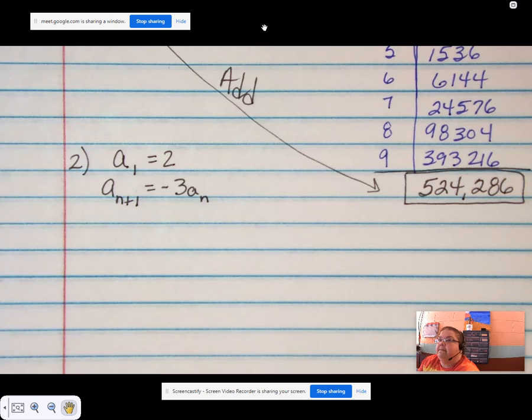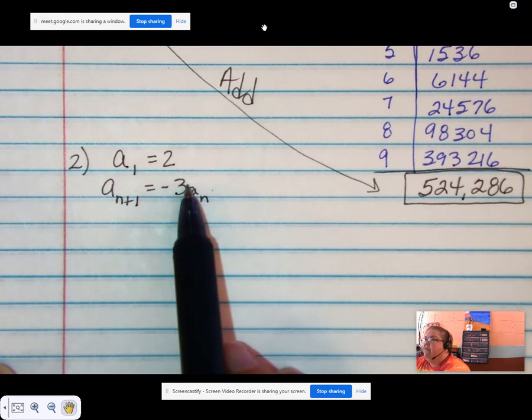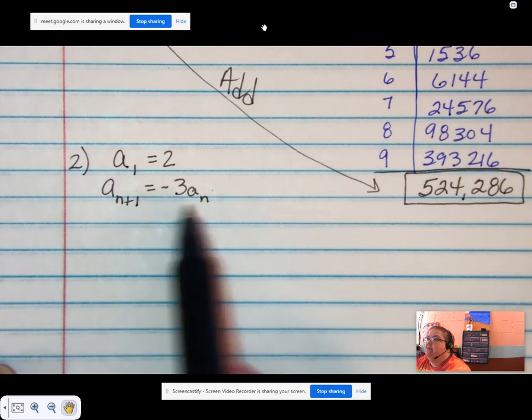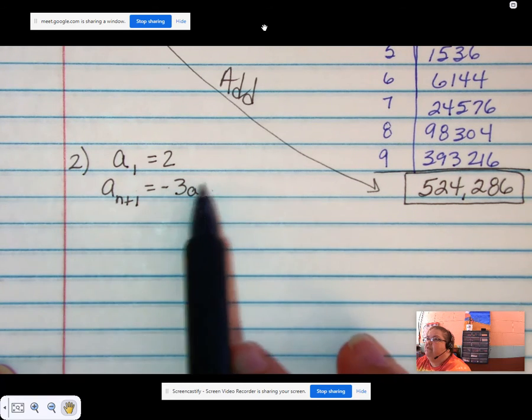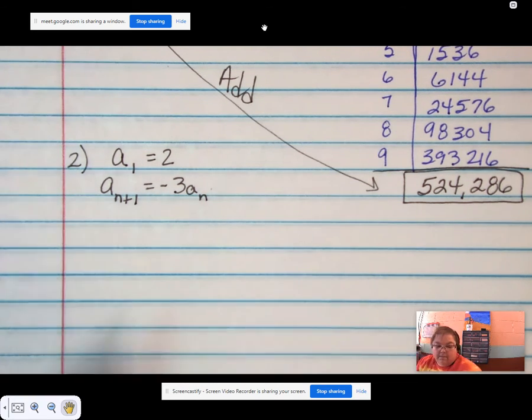Okay? Remember, this is my previous term, this is my answer. Which sequence follows from this recursive definition of a function?